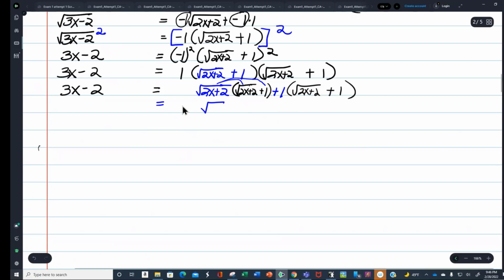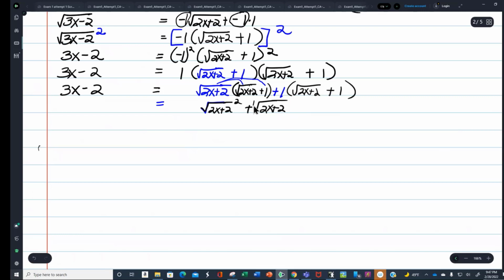I want to go back to black. 2x plus 2. This times this is the square root of 2x plus 2 squared. And then the square root of 2x plus 2 times plus 1 is plus the square root of 2x plus 2.